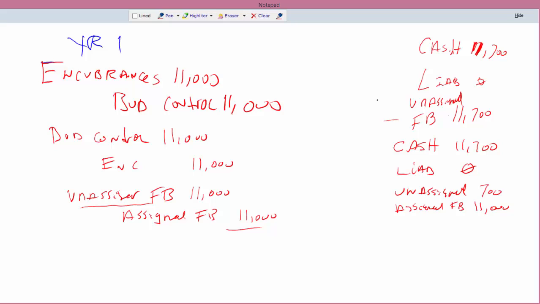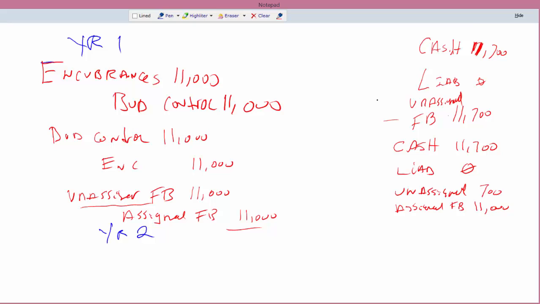Okay, good. Now I'm into year 2, and I'll use blue for year 2. See how poetic? I bet you didn't think you were going to get poetry today. Blue for year 2. Isn't that beautiful? Okay, and what do I have to do? I first reestablish the encumbrance.